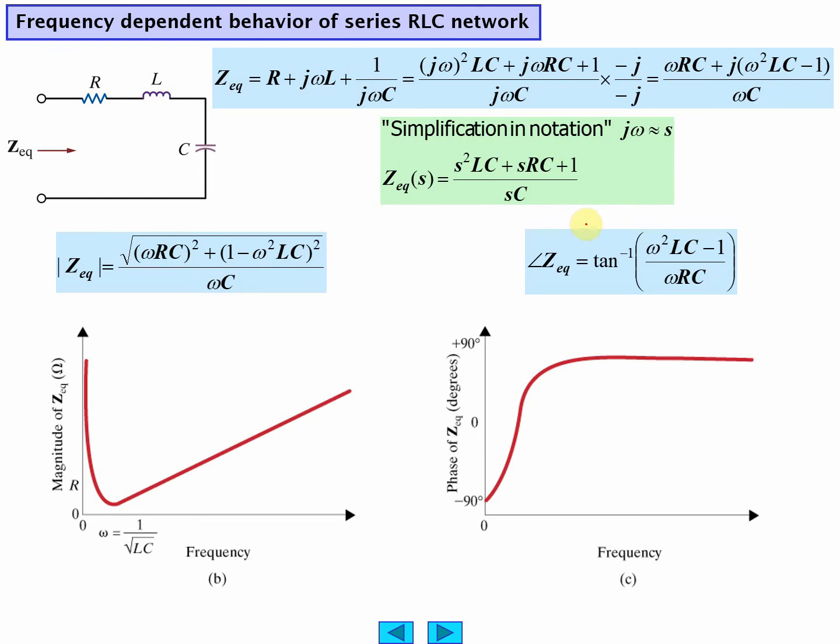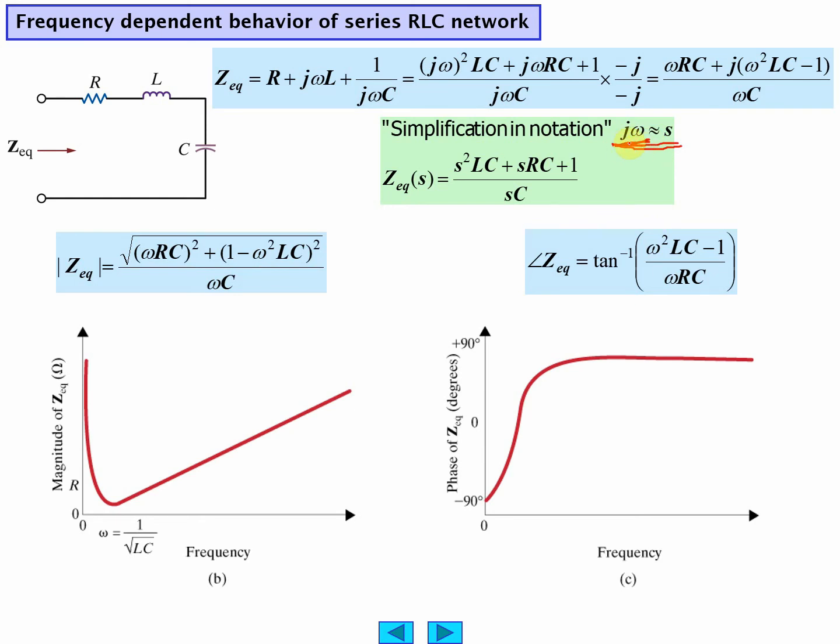Now, this is kind of important right here. It's a notation thing. It's important, but it also has to do with notation. That we use the parameter S to mean the imaginary constant times the angular frequency.